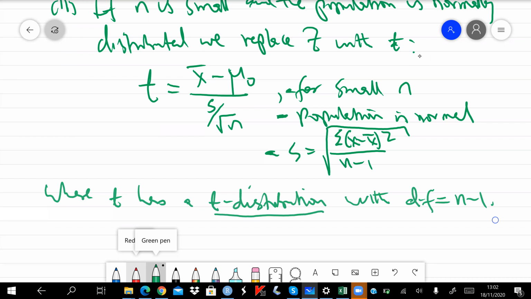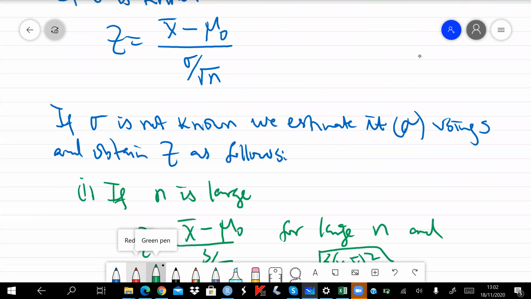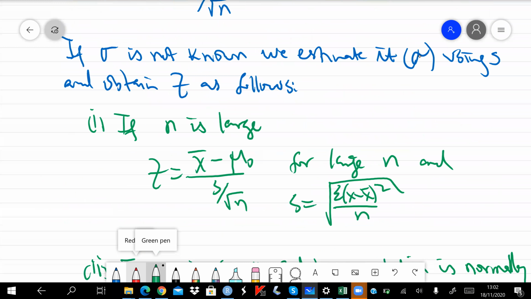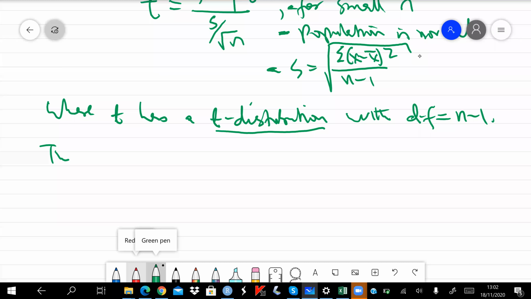So this statistic here, whether Z or T, so the standardized value here, is called the calculated statistic.